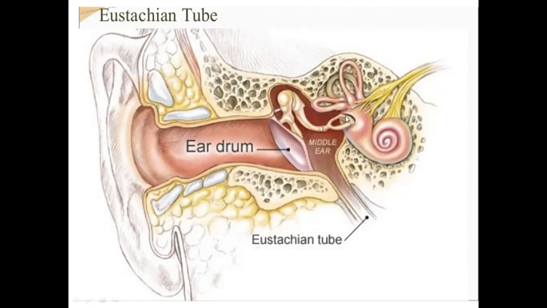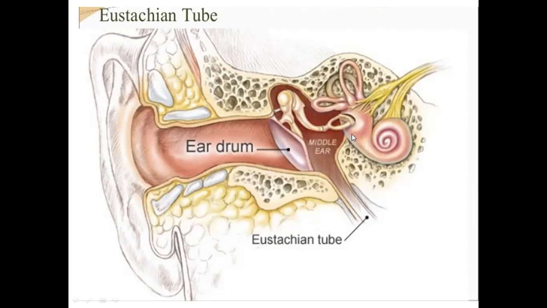Then the sound waves transmit to the perilymph, that is the scala vestibuli, and after that the scala vestibuli transmits the sound waves to the scala tympani, which contains the perilymph and is connected with the round window, that is the fenestra cochlea.